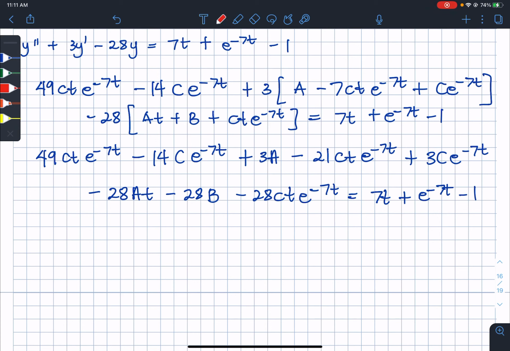And so let's combine those with t e negative 7t.